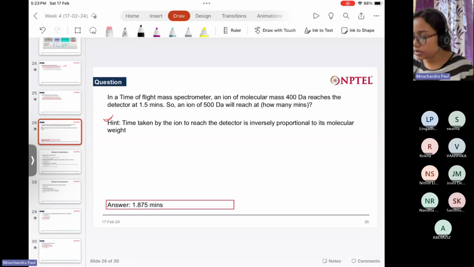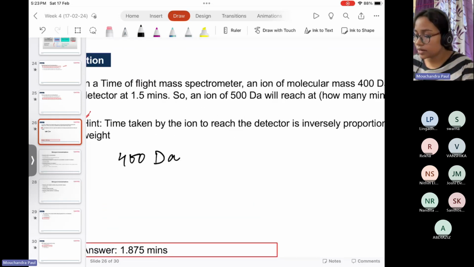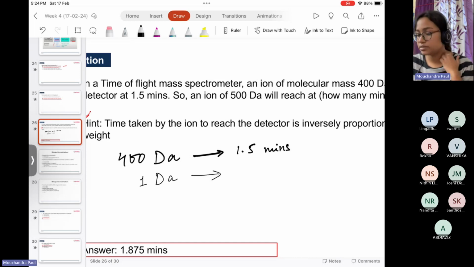We are given an ion whose molecular weight was 400 Dalton, and the time it takes is 1.5 minutes. Now, if we do the unitary method and ask what time an ion of 1 Dalton will take, simple, it will take 1.5 by 400 minute.